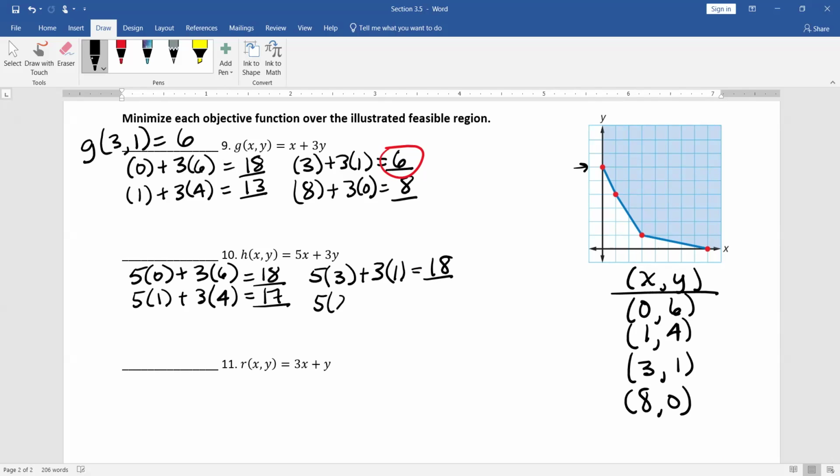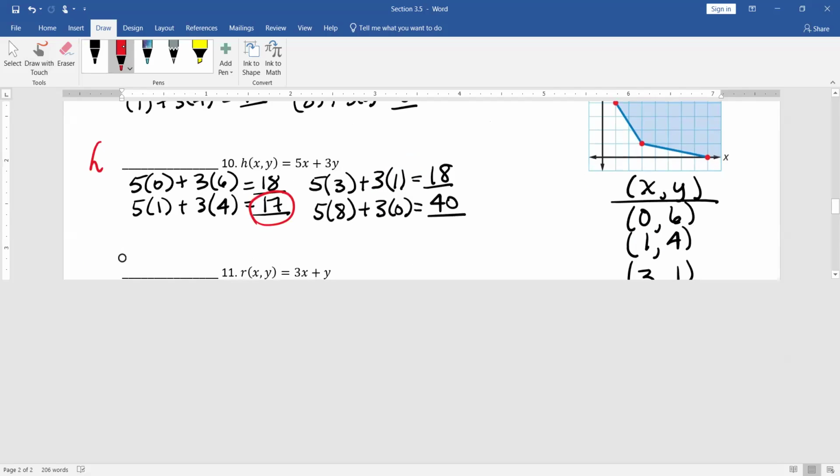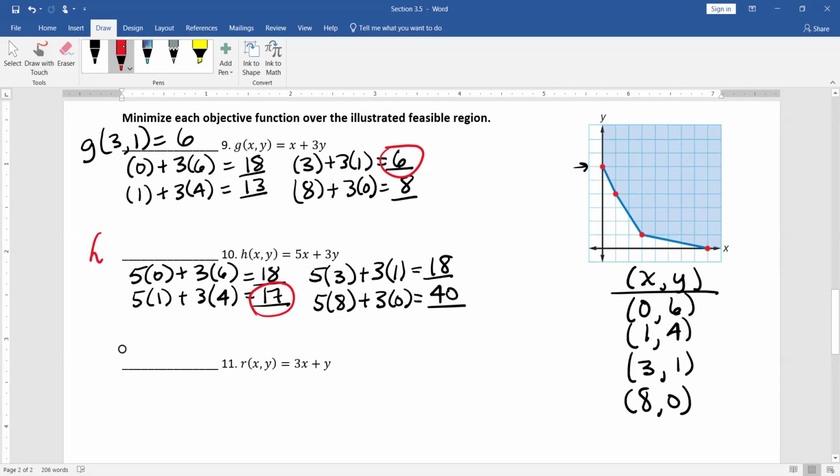And 5 times 8. If I'm minimizing, then my solution is this guy right here. So I have 17, ordered pair 1, 4. H of 1, 4 equals 17.